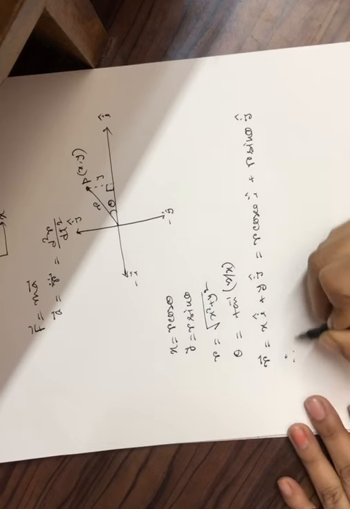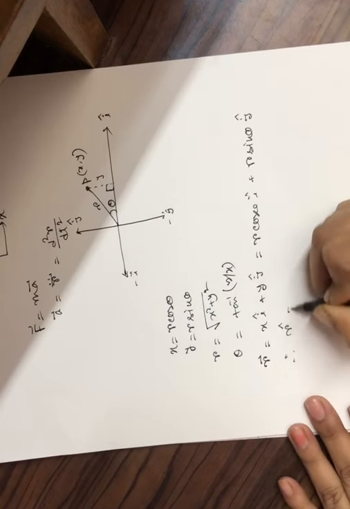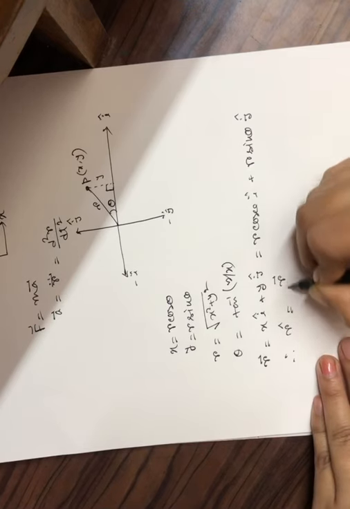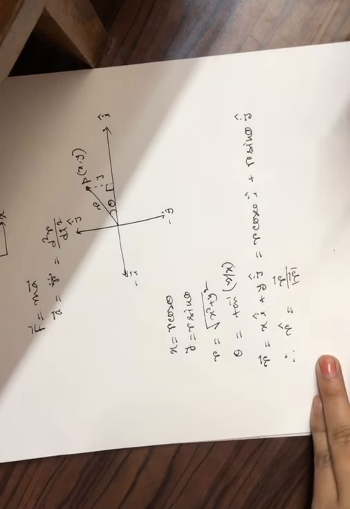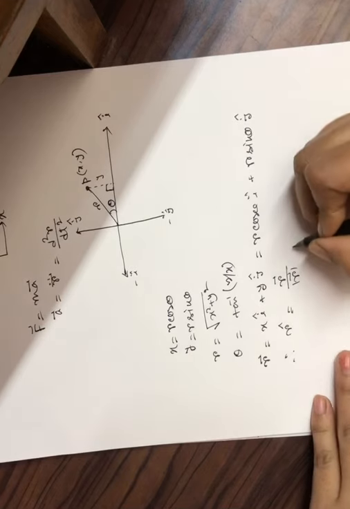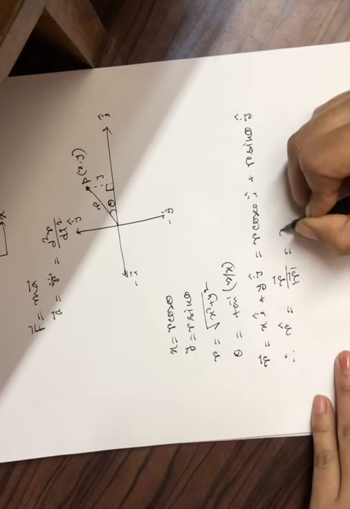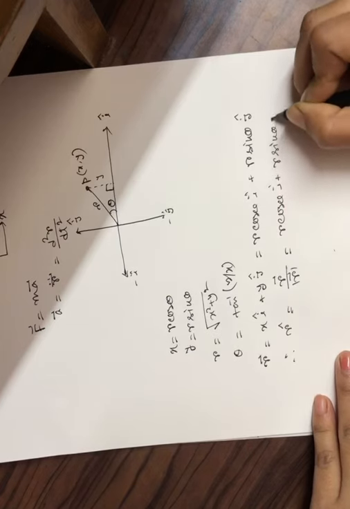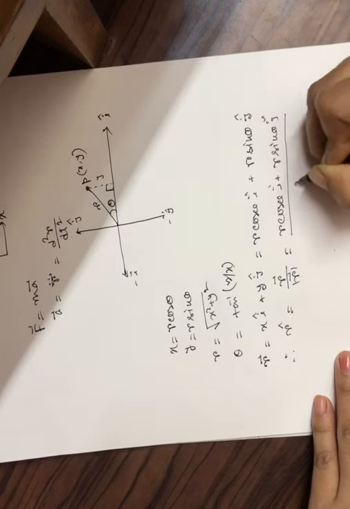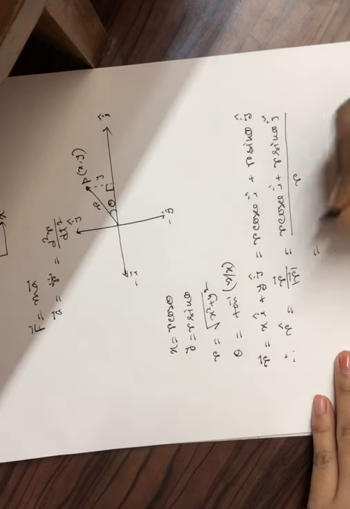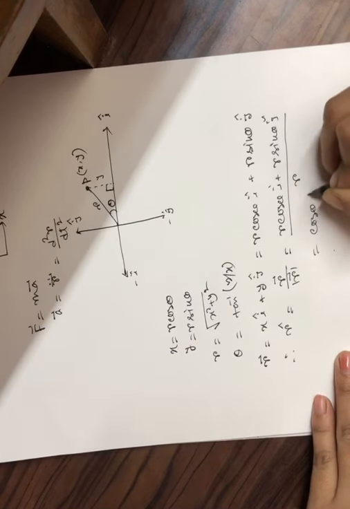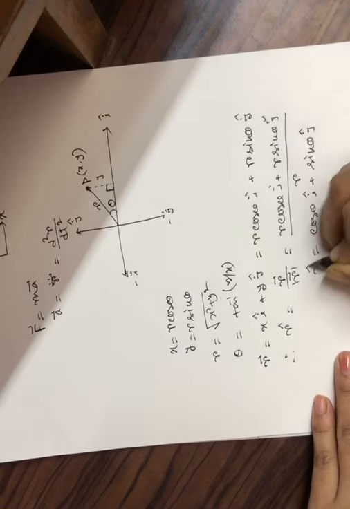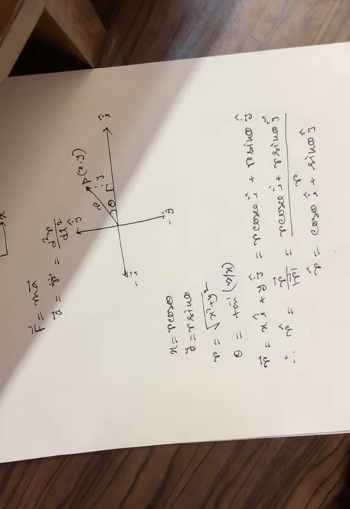If we want to find the unit vector along r, we write it as the r vector divided by the magnitude of r, which is r cos theta i cap plus r sin theta j cap divided by r. So r cancels, and we have cos theta i cap plus sin theta j cap as the unit vector along r.